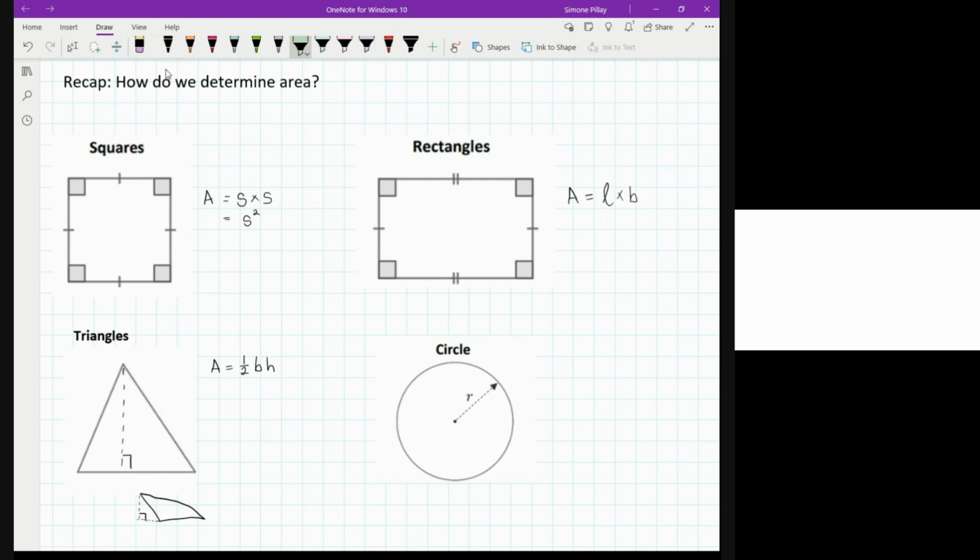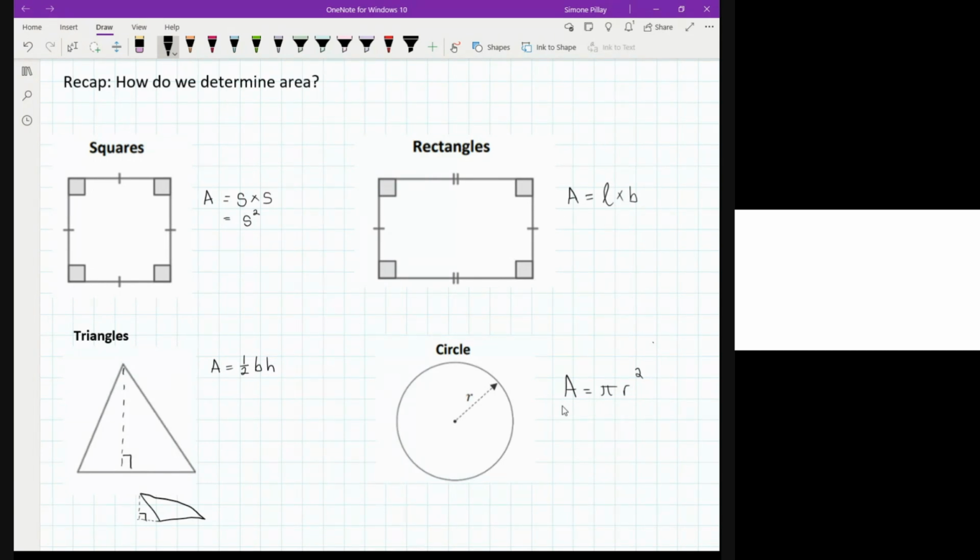So that is a triangle, and then we have a circle. So the area is pi r squared. Remember, because area is squared units, we always use the formula for a circle that has the square as well. That's just an easy way to tell the difference between the perimeter or the circumference and the area.